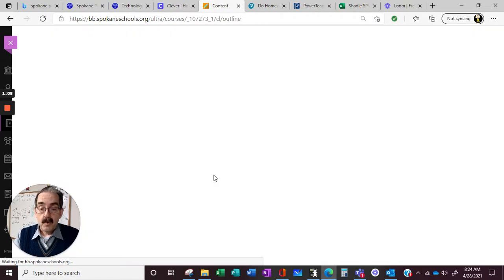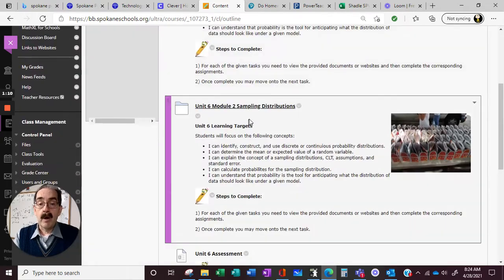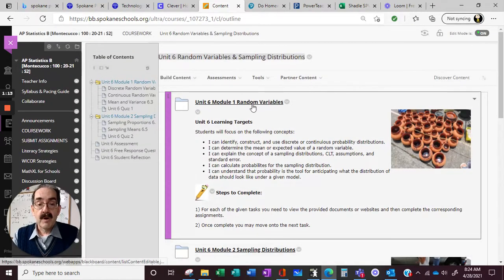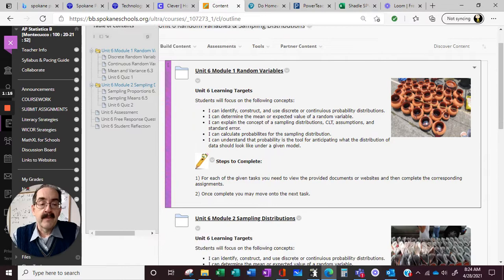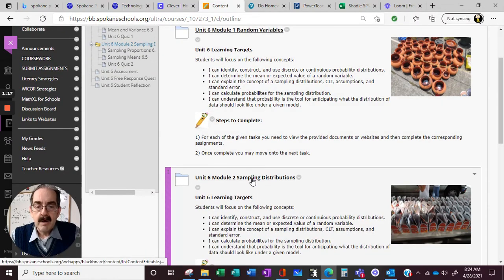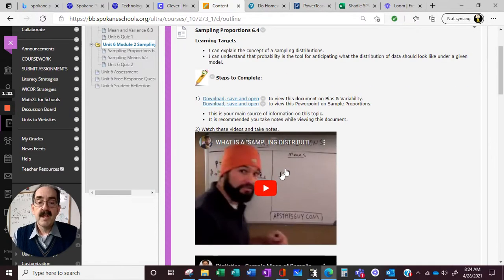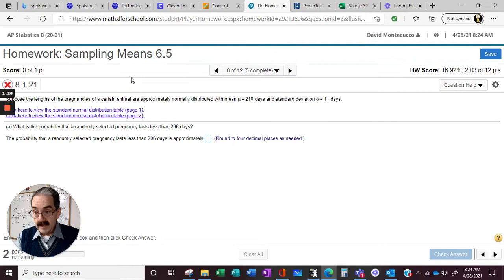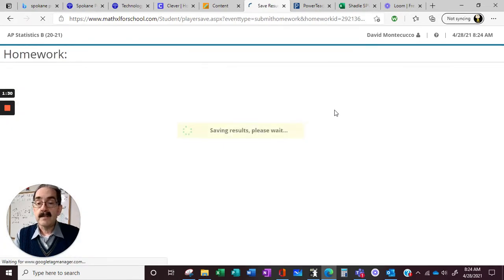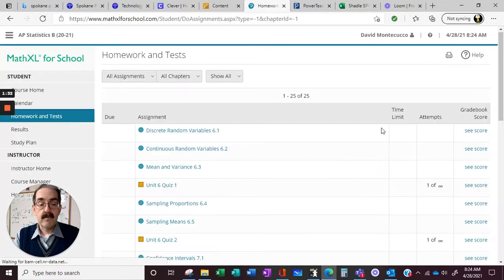Okay, so we did a really good job on the first module with random variables and the vocabulary, but we are spending our time on sample distributions. So this week, these calculations that we find, and we're on sample means. Let's go back to our overall.